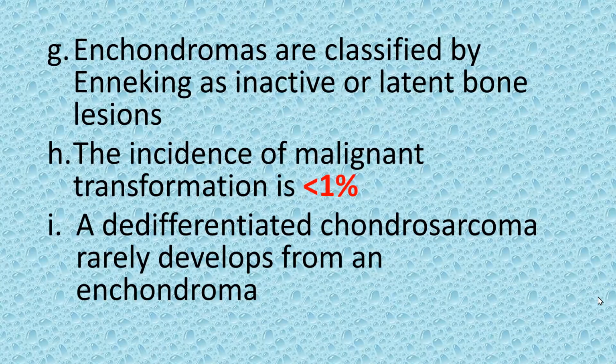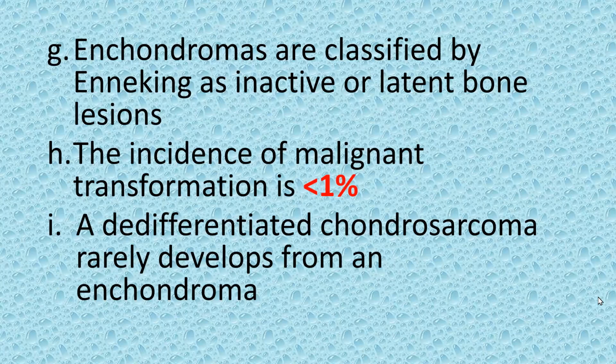The incidence of malignant transformation for a single enchondroma is only 1%. Keep this in mind. In the past we used to think it was more, but this is less than 1%. A dedifferentiated chondrosarcoma rarely develops from an enchondroma. But don't forget that the more proximal lesions are the ones we don't like and are more dangerous for transformation.